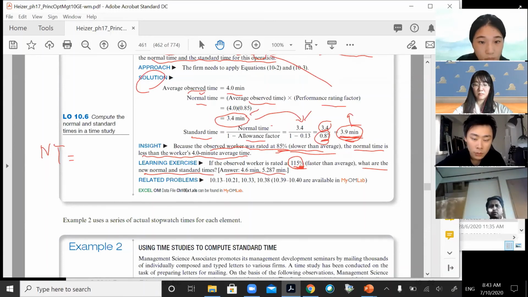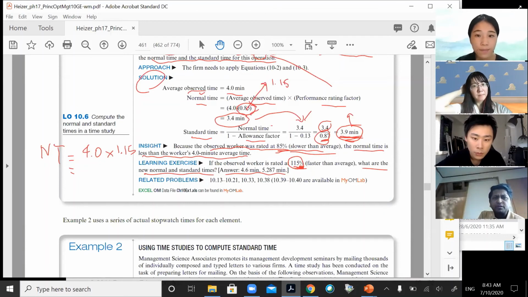NT is equal to? 4 minutes times 1.15, 115%. Yeah, correct. So not 4.6%, 4.6 minutes. How do you get that?